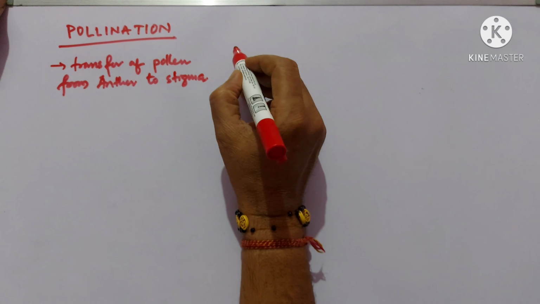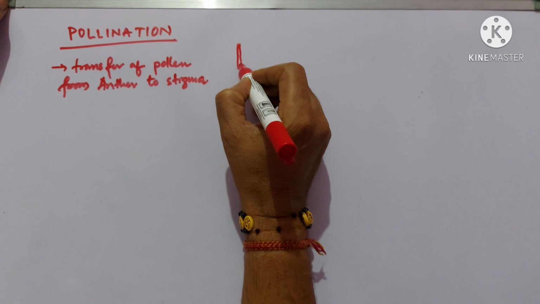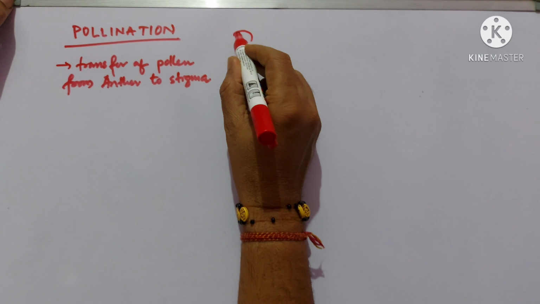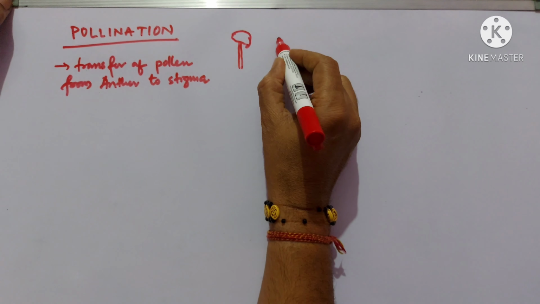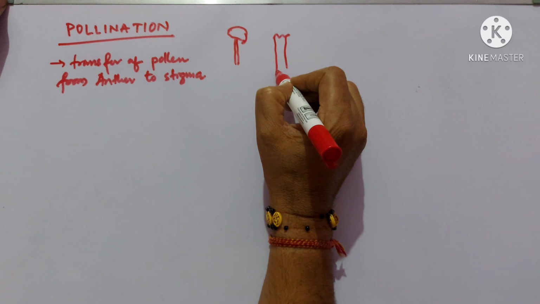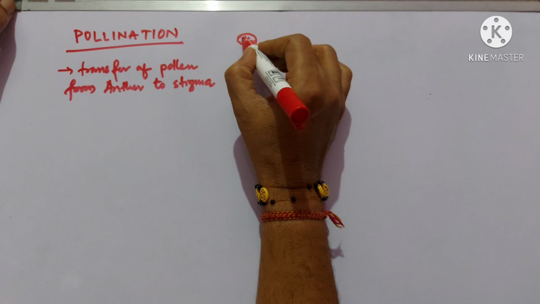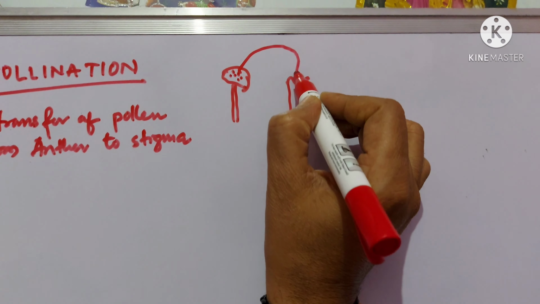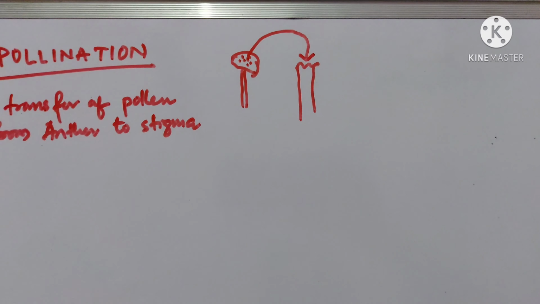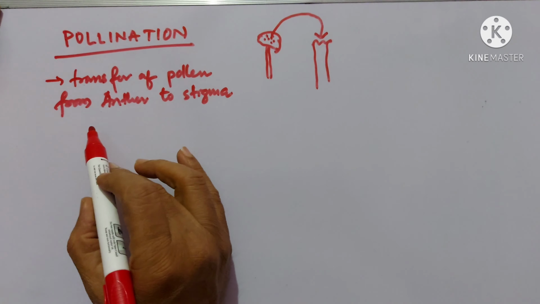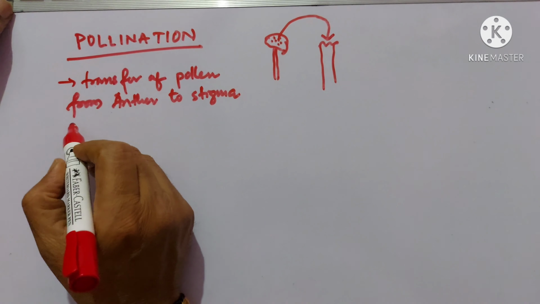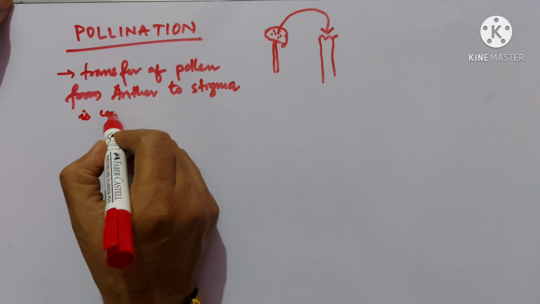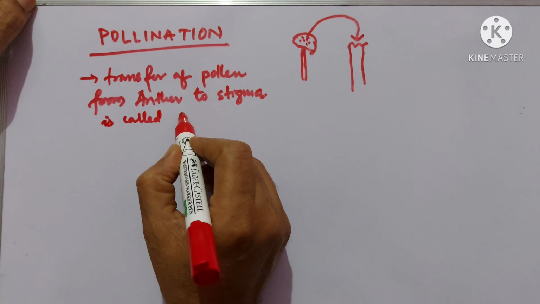So this is the anther and this is the stigma. Pollen will transfer to the stigma. So the transfer of pollen from anther to stigma is called pollination.